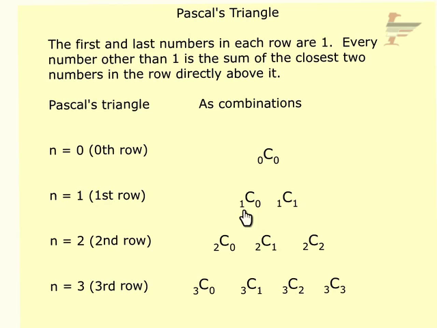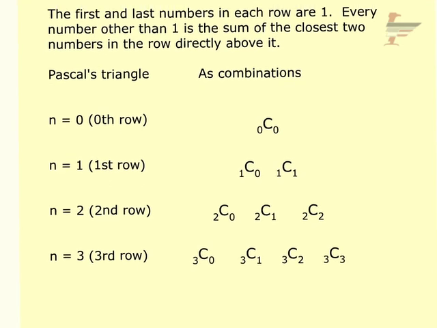The first row is 1 choose 0, 1 choose 1. The second row is 2 choose 0, 2 choose 1, 2 choose 2. So basically you're always starting at 0, and you're working your way up to n. So 3 choose 0, 3 choose 1, 3 choose 2, 3 choose 3. So the fourth row would be 4 choose 0, 4 choose 1, 4 choose 2, 4 choose 3, etc., etc.